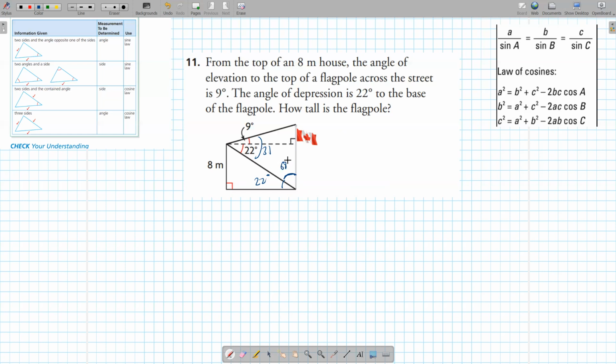Correct. And once we have 68 and 31, we can also find this angle up there, right? 180 minus 31 minus 68, and that'll be 81 degrees. So we know all three angles. We just need to find one side length, and then we can find the height of the pole.